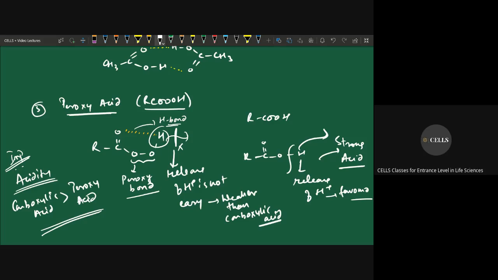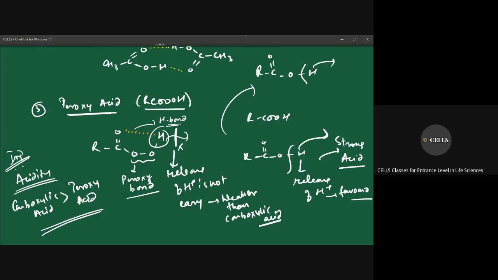Okay. And also one important thing is that suppose if you release this H plus, then what will happen? There will be O minus. This O minus will come over here, this will go over here.